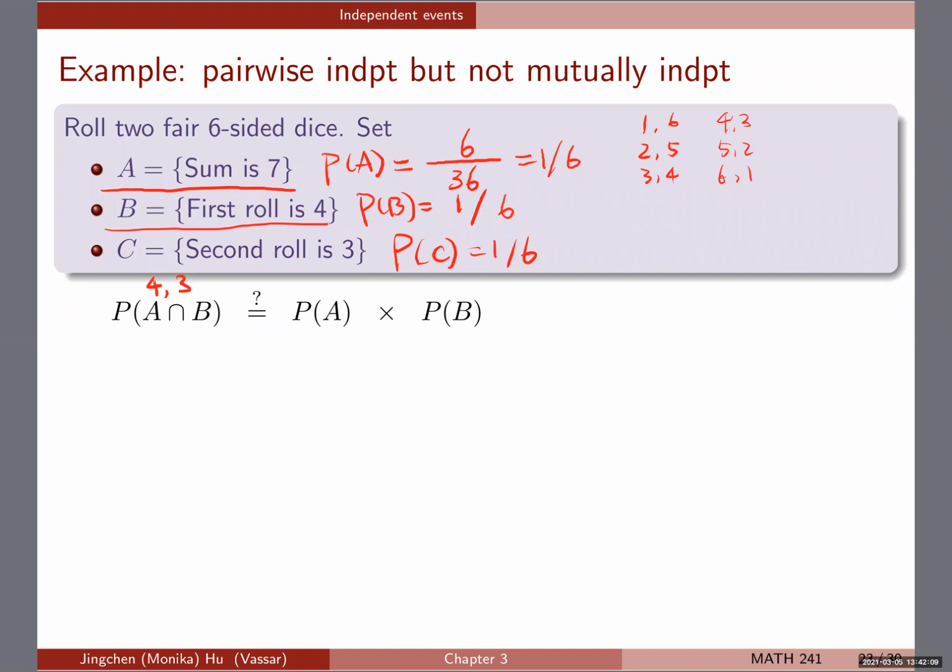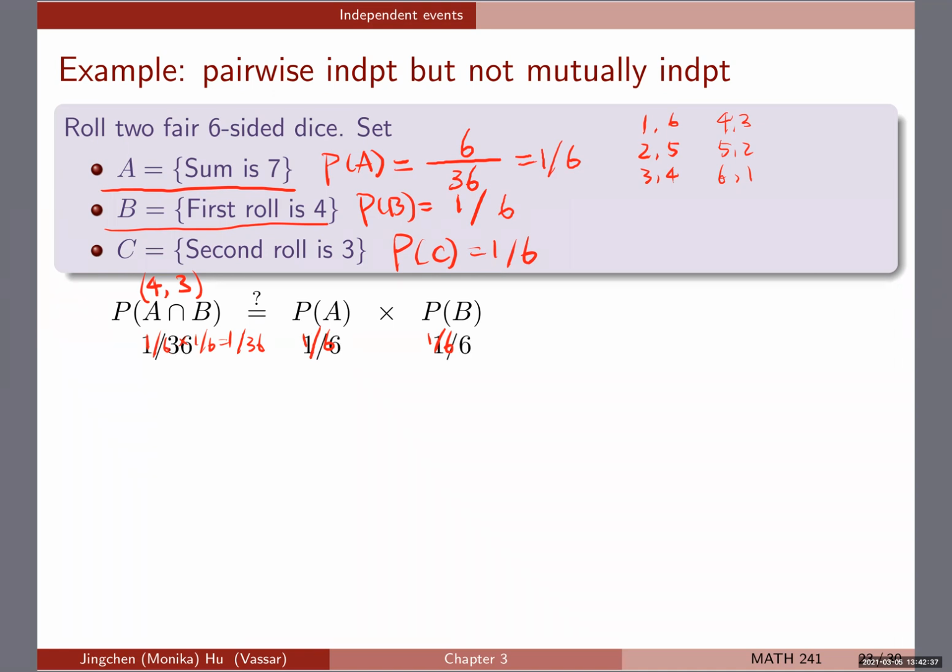So for this pair to happen, it's going to be 1 over 6 times 1 over 6, which is 1 over 36. That's the left-hand side. And the right-hand side, we just did before; we labeled those values up there. So if we check this, we're able to show that indeed this pair, A and B, are independent. Let's keep that in mind.